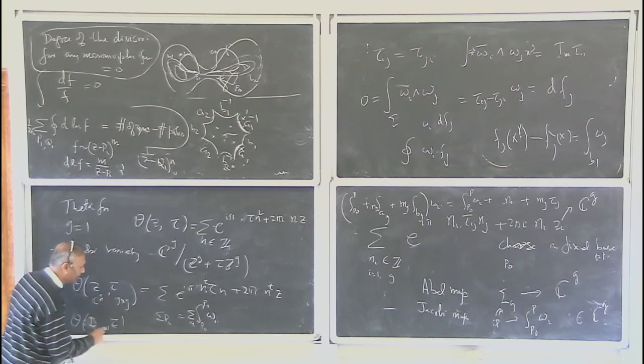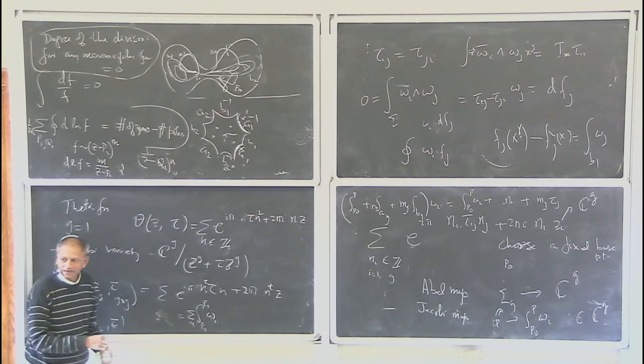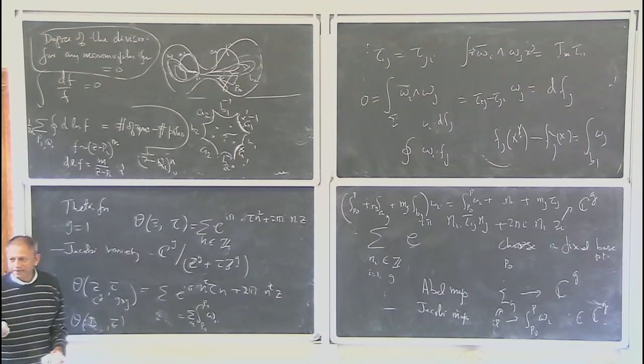So take a divisor, then what you do is you map that divisor to the Jacobian variety via this Abel map.